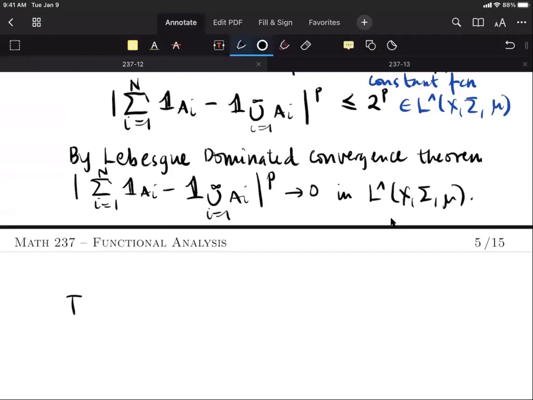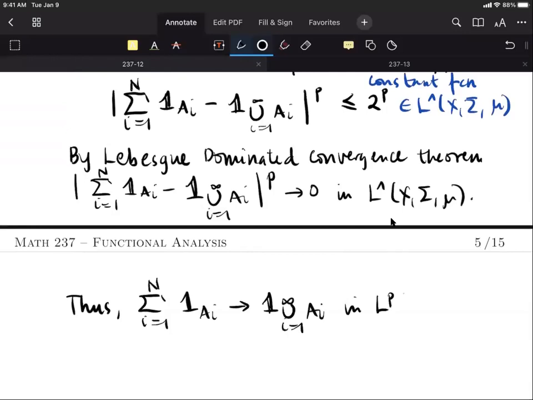And this implies that we have this convergence in L^p, by the definition of the L^p norm.